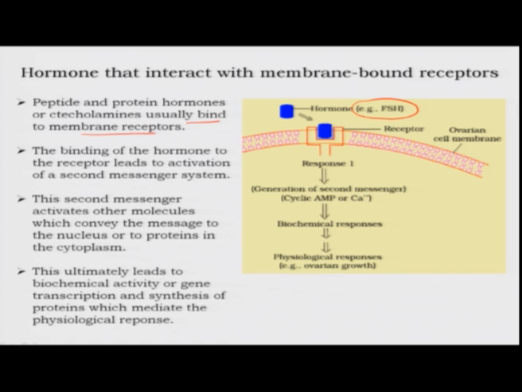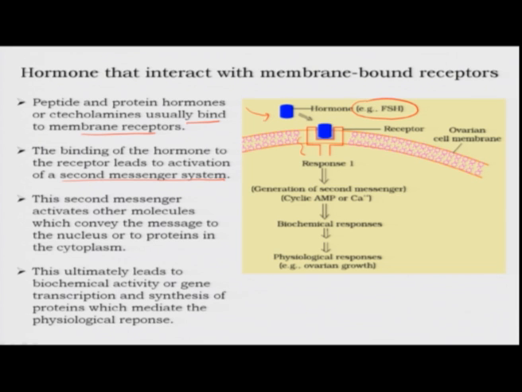The binding of the hormone triggers a change in the shape of the receptor, which activates what is known as a second messenger system. So, what is the first messenger here? The first messenger is the hormone. The hormone is bringing a message to the cell that yes, there is something to be done, because of which the hormone has been produced.